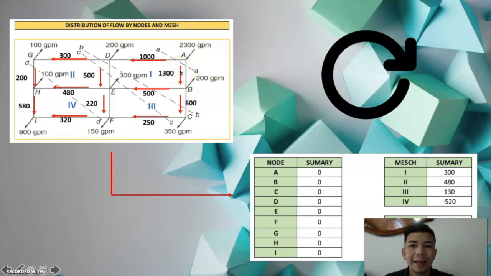If it goes against the clock, it will be subtracted. This corresponds to the node summary or the mesh summary of 0.